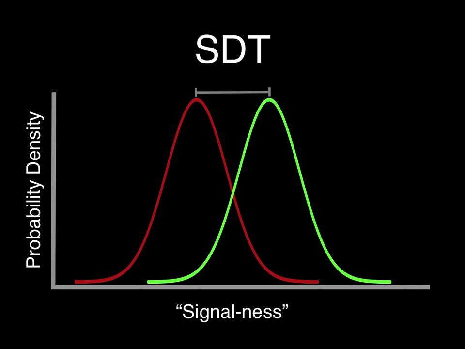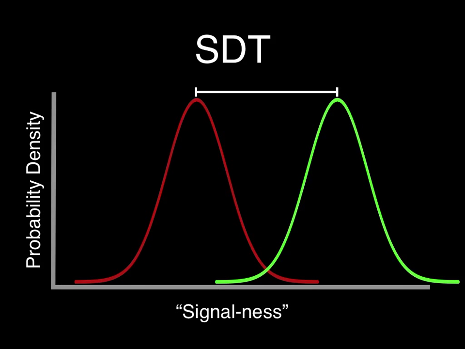And what we're most interested in typically in the context of signal detection theory is determining the subject's transformation of whatever signals we give them into this signalness scale and how far, therefore, the two distributions are separated from one another. So participants that can really easily distinguish two stimuli from one another should have a large separation between the two distributions.